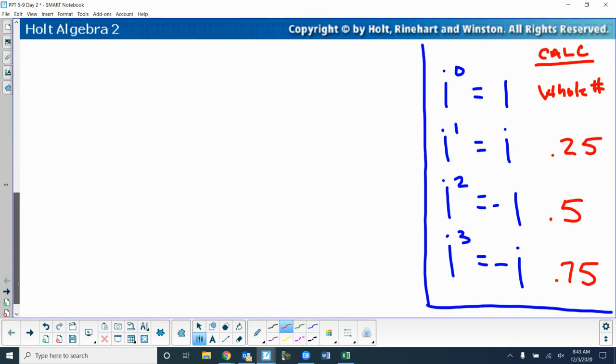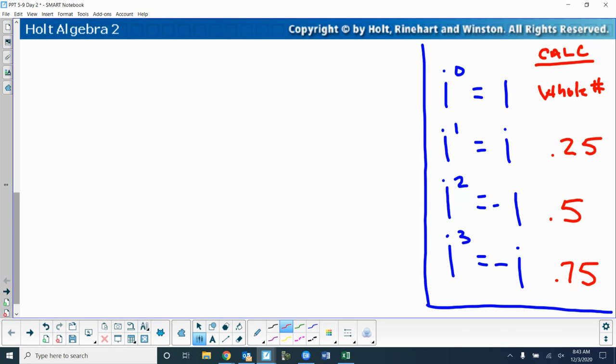All right, here's the little table we did yesterday. Anything to the 0 power is 1, so i to the 0 is 1. That's if you're using your calculator dividing by 4, you got a whole number, right? Anything to the first power is itself, so i to the first is i.